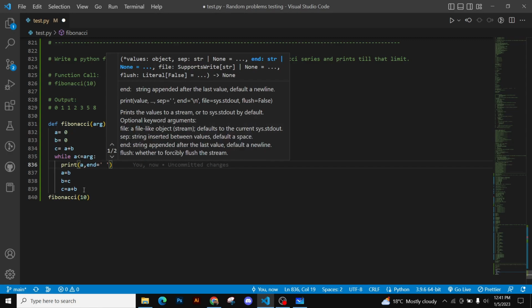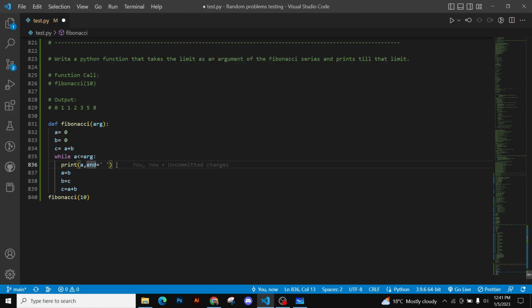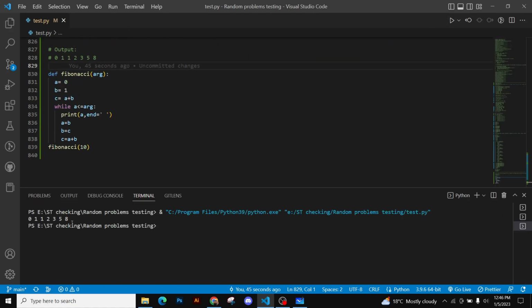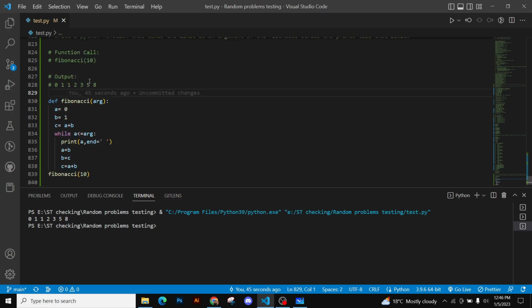If I had printed below, the new a value would have been printed instead of the previous one, so the series would have been messed up. And I have given a space in the middle because I want to print it side by side. So if I run it, my output is shown here. I can see that my output has been properly executed and it is showing the right output.